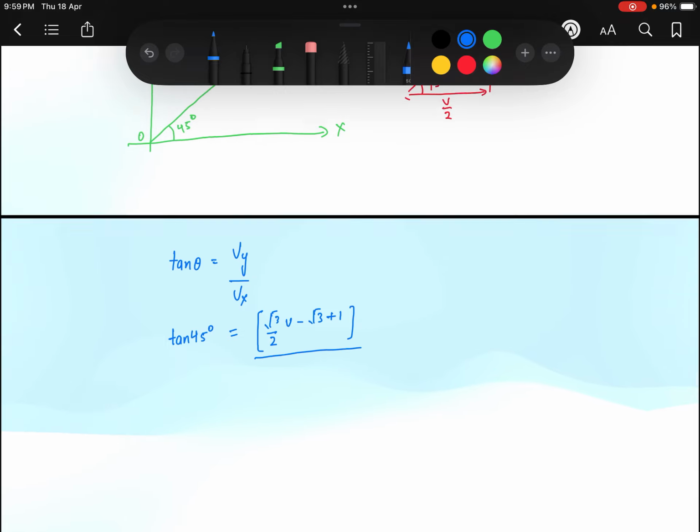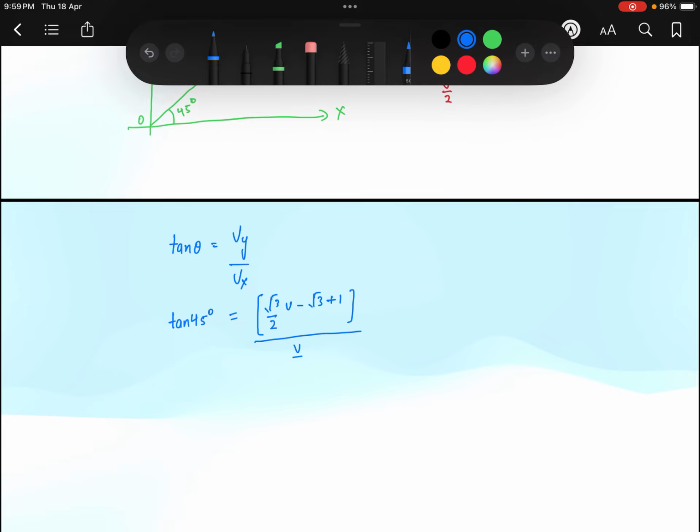What is the value of Vx here? That is V by 2. Okay. So here we will be getting tangent 45 is equal to 1, multiply V by 2, that will be equal to root 3 by 2 V minus root 3 plus 1.